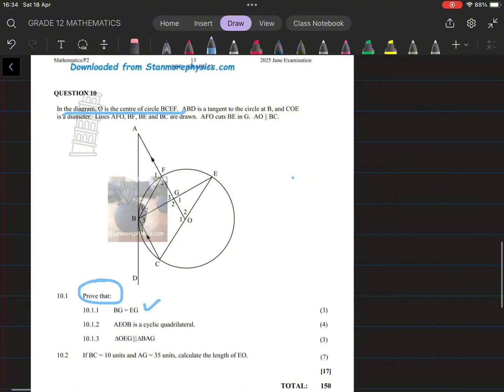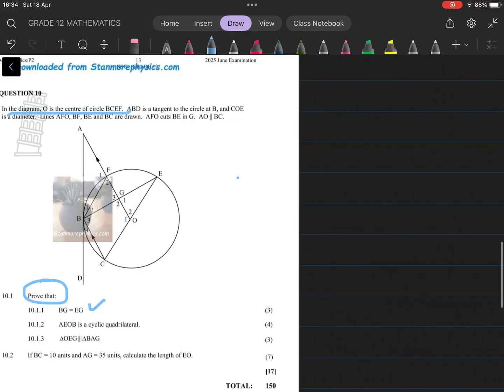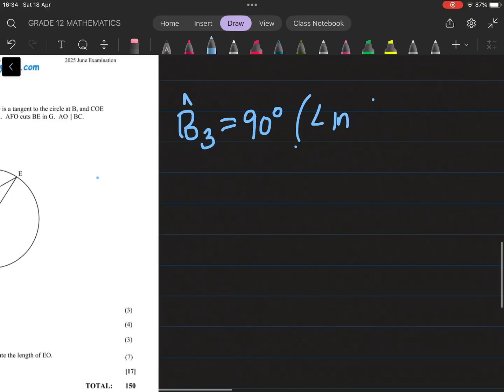Let's look at it. Looking at it, we know that B3 will be equal to 90 degrees. That will be angle subtended by the diameter, or angle in semicircle.